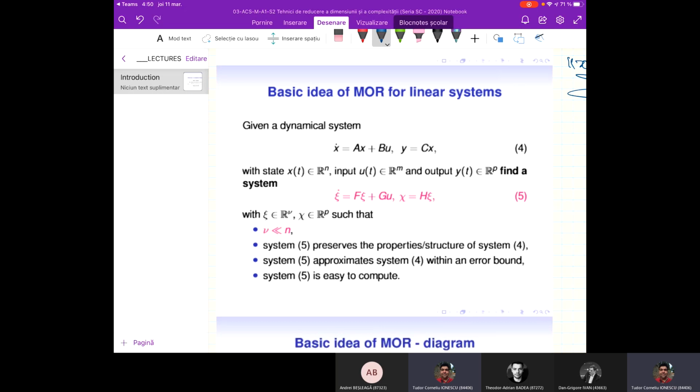All the automatic devices in your car start from linear mathematical models, because they're easy to implement and to understand.